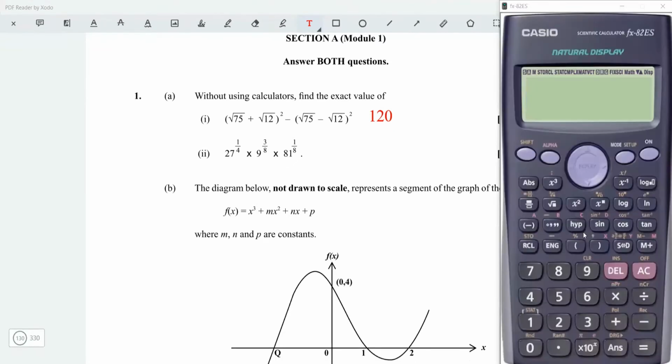So put it in the calculator, root 75 plus root 12, square, minus in bracket root 75 minus root 12, close that bracket, square, and we get 120 there. See it?